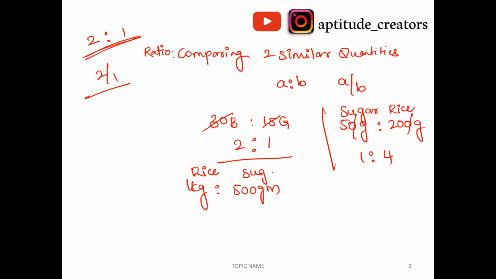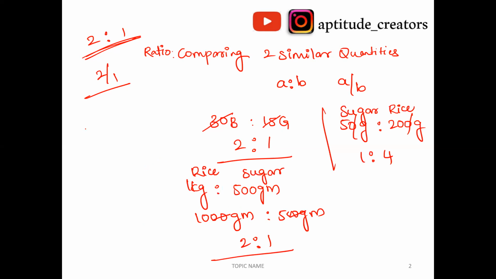What is the ratio of rice to that of sugar? 1 kg is equal to how many grams? 1000 grams. So with 500 grams, we can say the ratio of rice and sugar is 2:1. Okay, this will be fine.